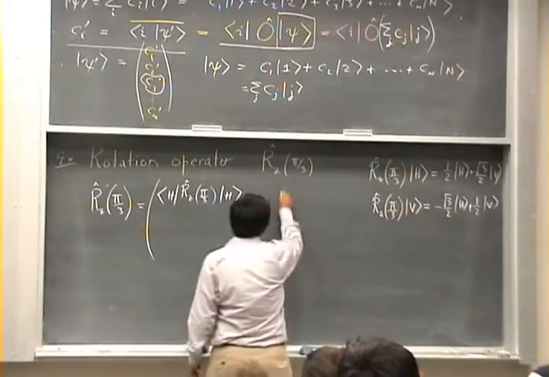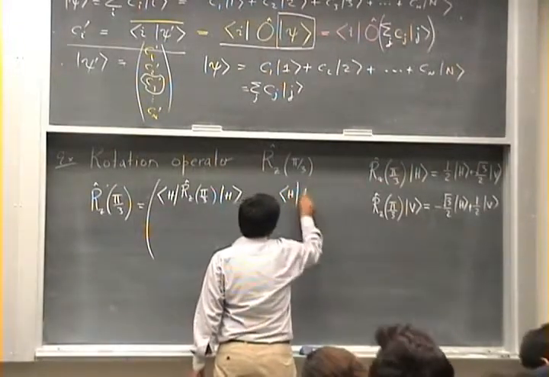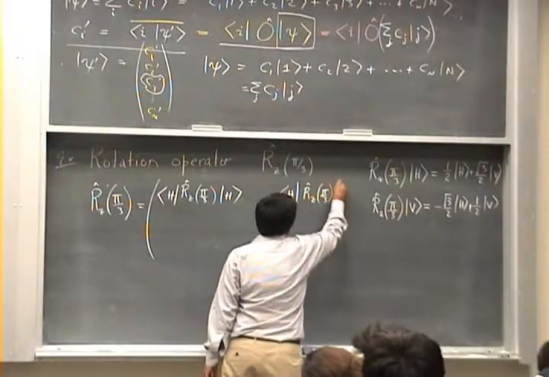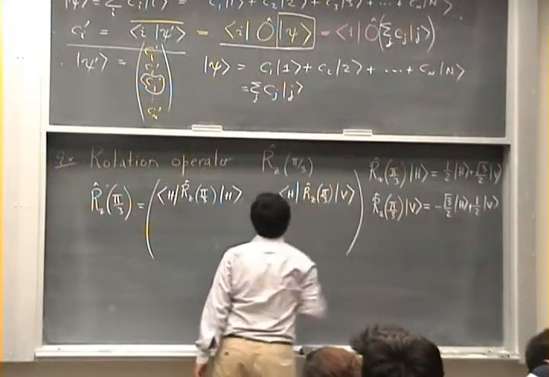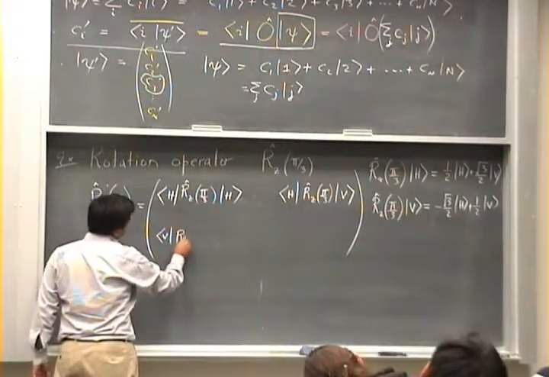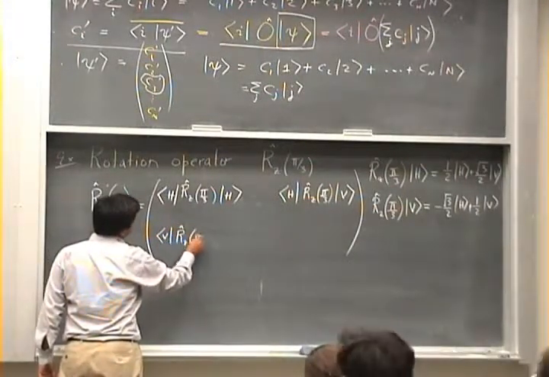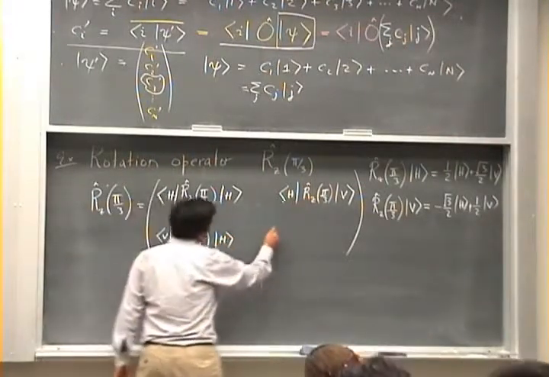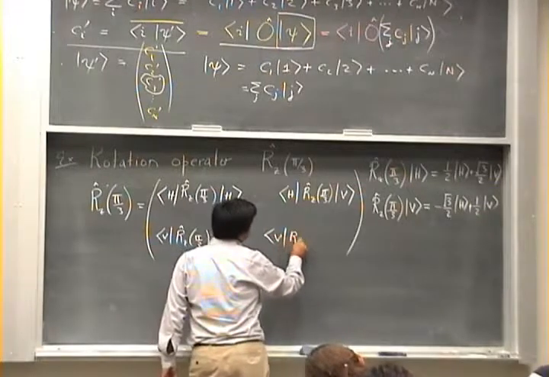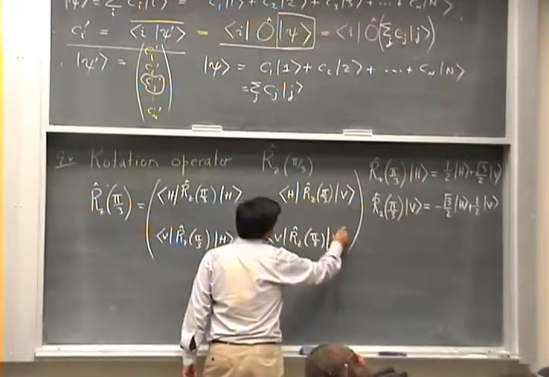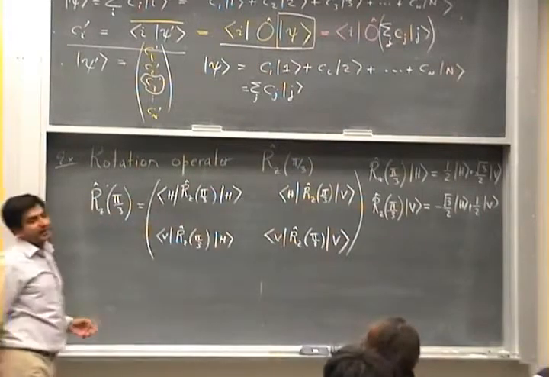The second element will be RZ pi by 3 ket V. Now this element is going to be bra H, RZ pi by 3 acting on H; bra V, RZ pi by 3 acting on V. Okay, so these are the four elements.